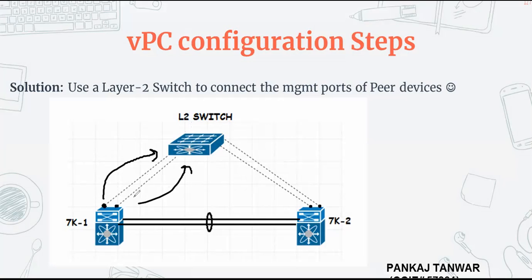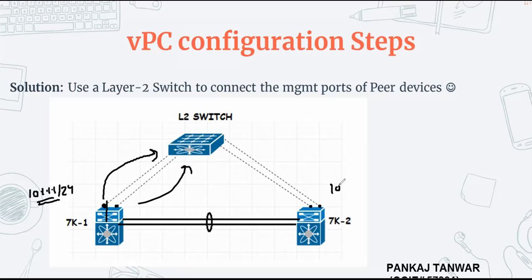Now you can imagine a situation where your active SUP fails, but because you have the layer 2 switch in between, your other device can still reach the management 0 of the other device, right? Let's say on the management 0 of N7K, we have given the IP 10.1.1.1, like in our previous case.